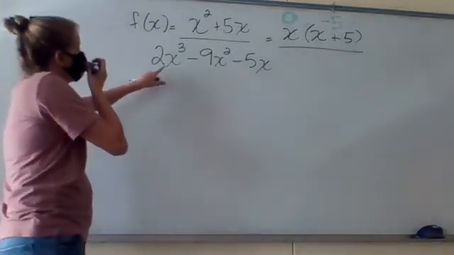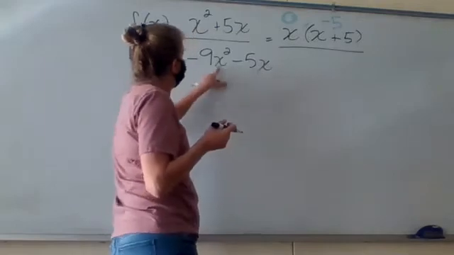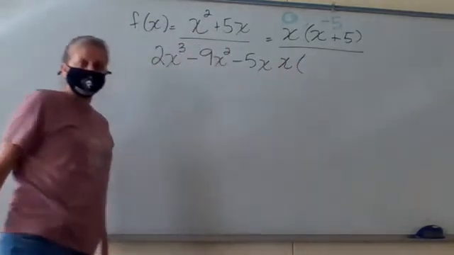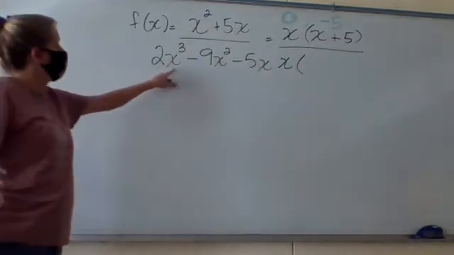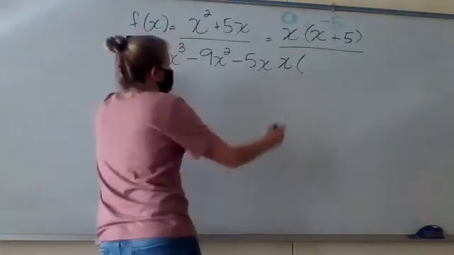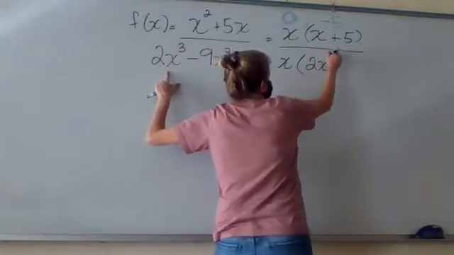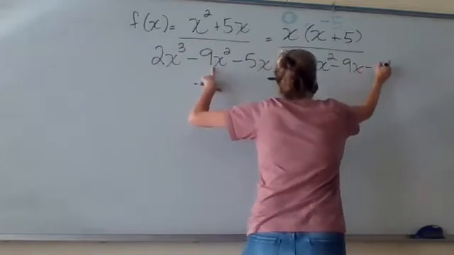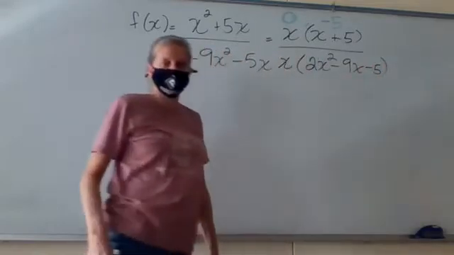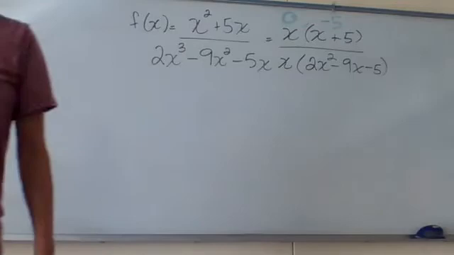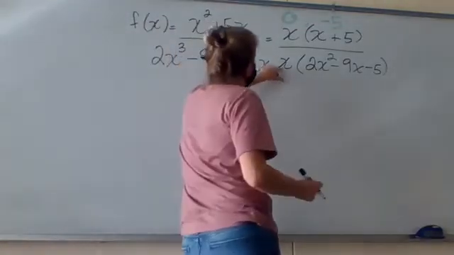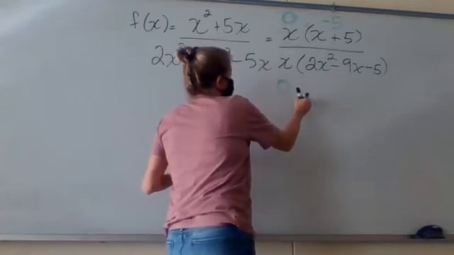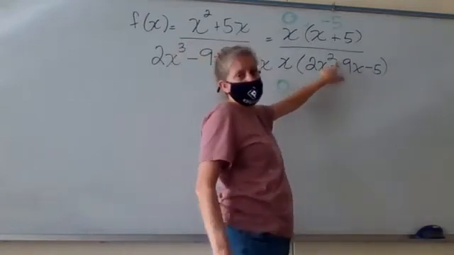I'm going to start off the denominator factoring the same way, because remember, they all still have an x. So if I pull an x out of all of these, they're all going to lose an x, which will turn that into 2x squared minus 9x minus 5. So this is going to make the same 0 as this x did. This will create 2 more zeros, right?